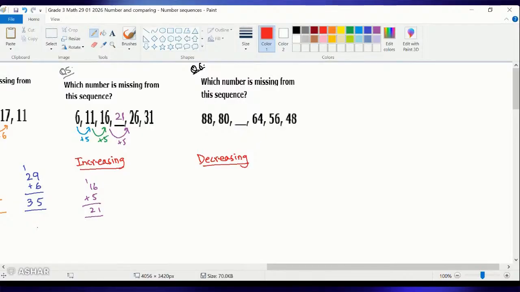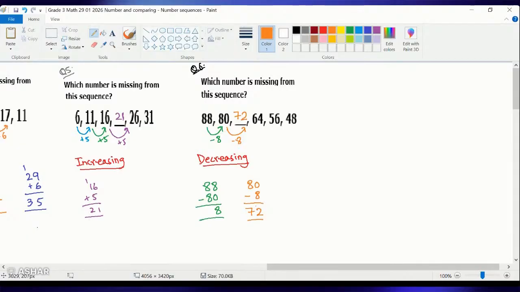That means from the first number, we subtract a number. What is 88 minus 80? It should be 8. That means that we subtract 8. For the next one, what should we do? We should again subtract 8, right? So 80 minus 8 should be 72.